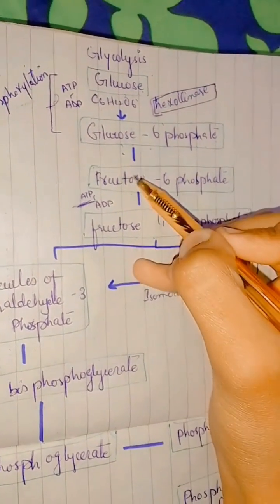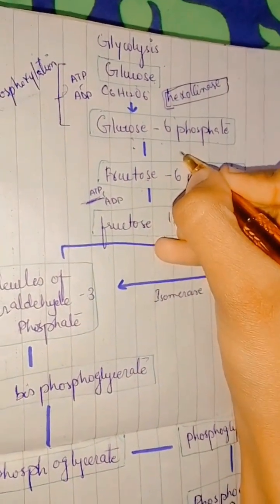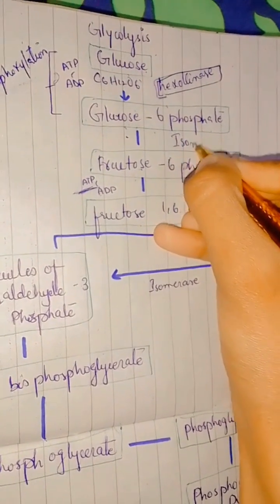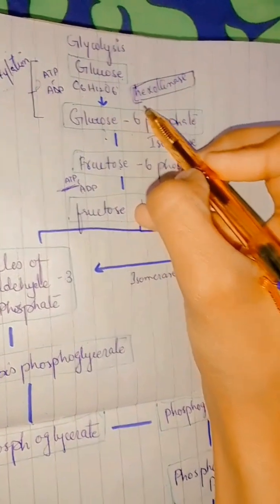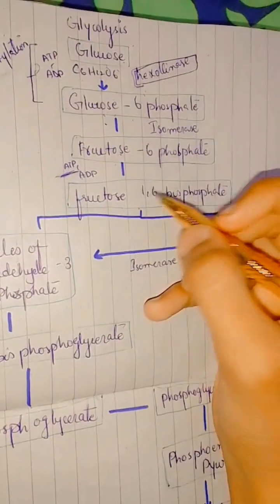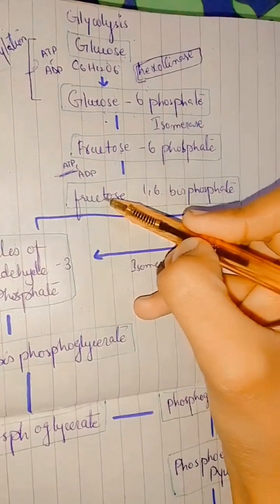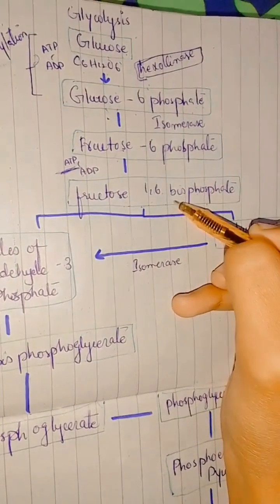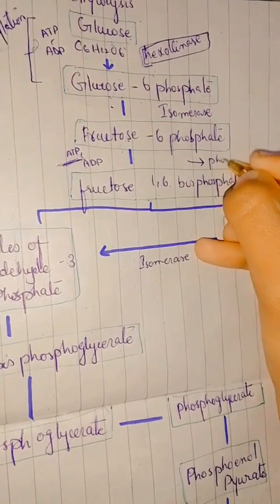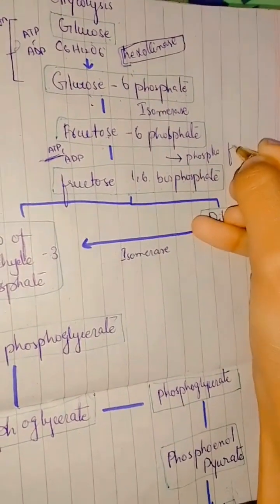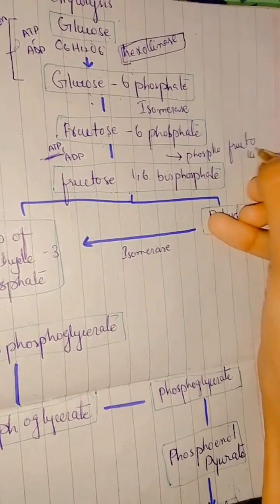When glucose was converted into fructose, another enzyme was used here, that was isomerase. And in the first step, the enzyme that was used was hexokinase. Now when the fructose was converted into fructose 1,6-bisphosphate, the enzyme that was used here was phosphofructokinase.